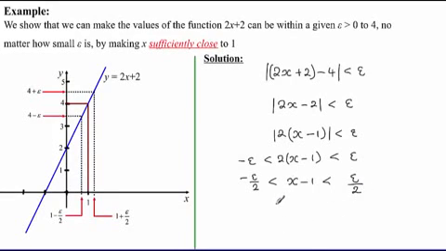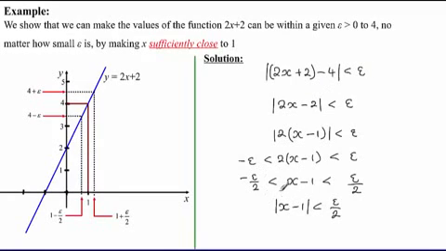This is equivalent to the distance of x from 1 being less than epsilon over 2. So this suggests that if we choose x within a distance of epsilon divided by 2, never mind how small epsilon is, we're going to have the values of the function within a distance less than epsilon from 4.